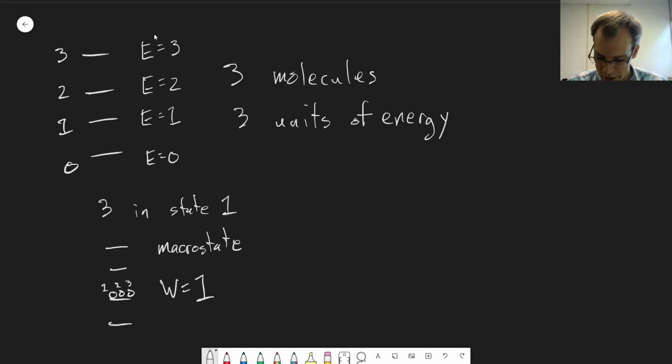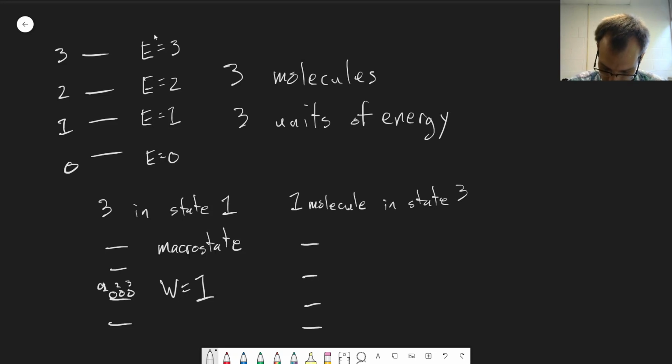Another possibility is we could have one molecule in state 3 and the other 2 in state 0. Now we have to keep track of the molecules, so let me label these A, B, and C. We could have A be our molecule in state 3 and B and C be the ones in the lowest state.